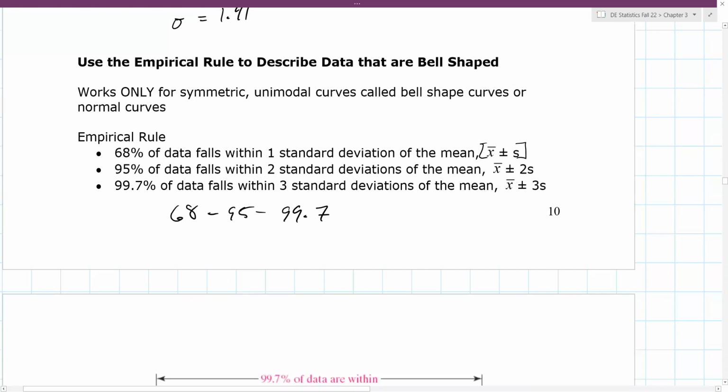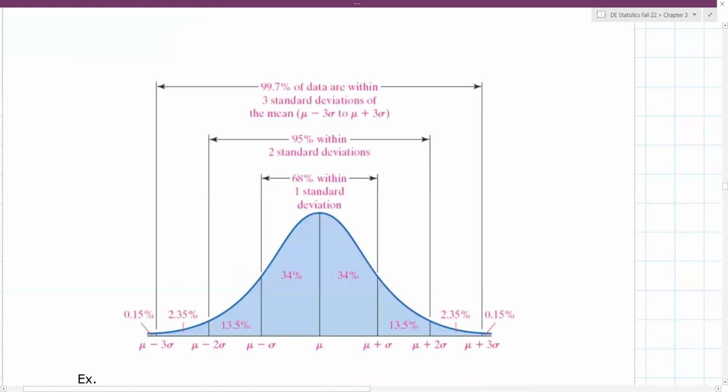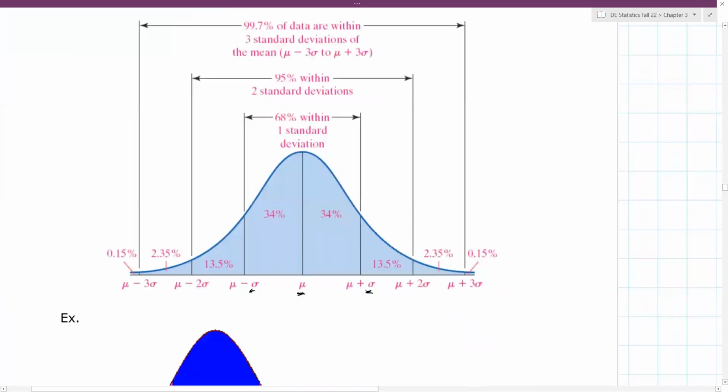And then this is that visual representation where we start with the average, and then these are standard deviations. So we add 1 standard deviation and subtract 1 standard deviation, and that gives us 68% of the data. Add 2, subtract 2, 95. Add 3, subtract 3, 99.7.